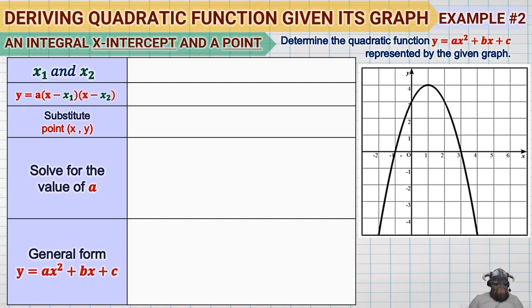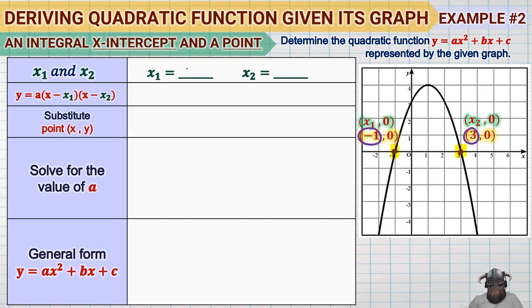So step number 1, identify the x-intercept of this given graph. So in this case, ito yon, kung saan siya tumama sa x-axis. And these points are -1, 0 and +3, 0. So all we need to do is to identify the x-intercept by getting the x-coordinates of those 2 points.